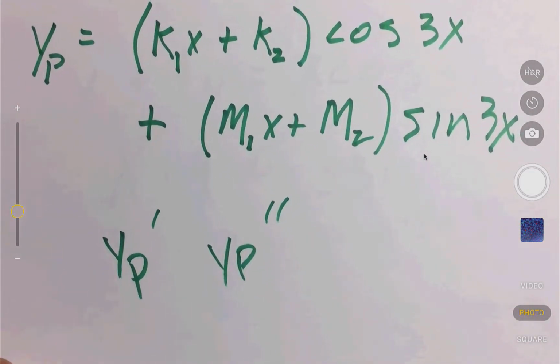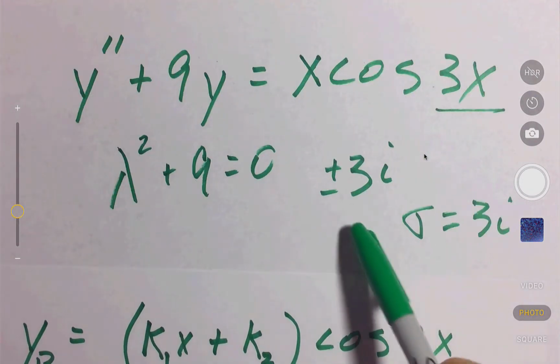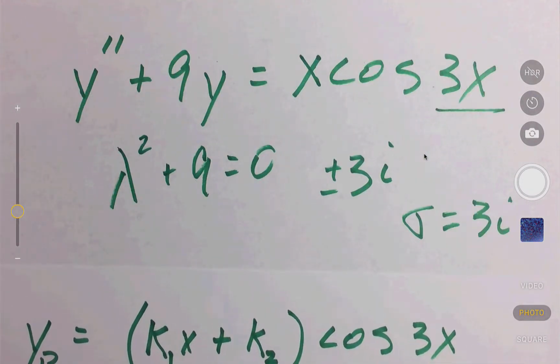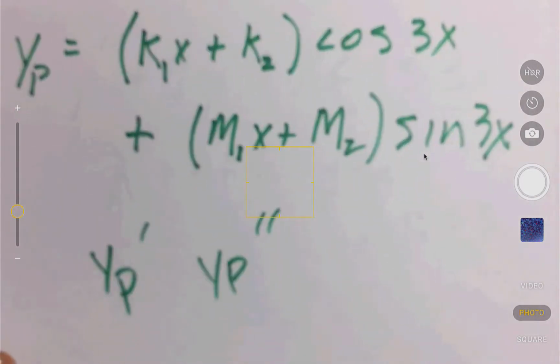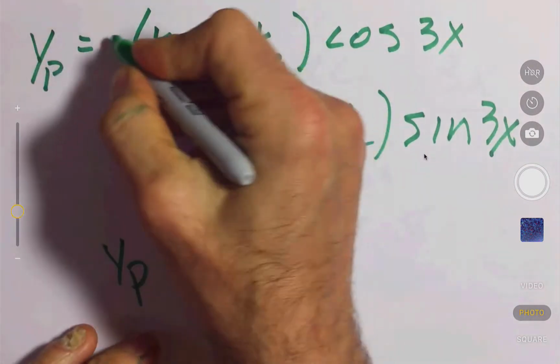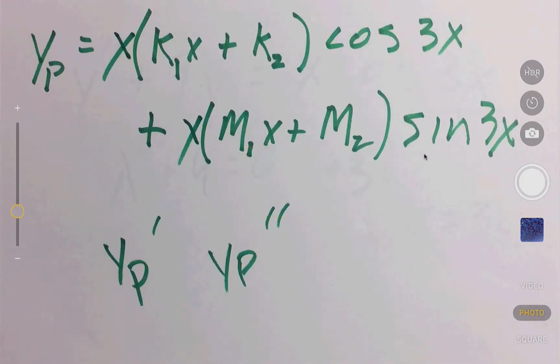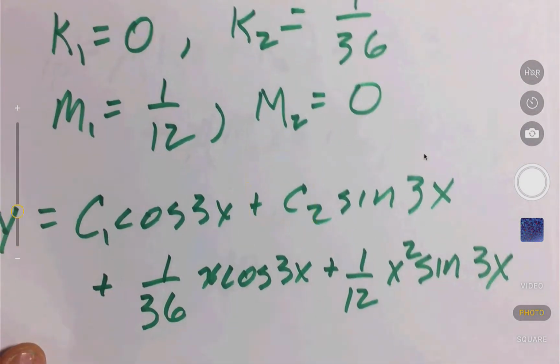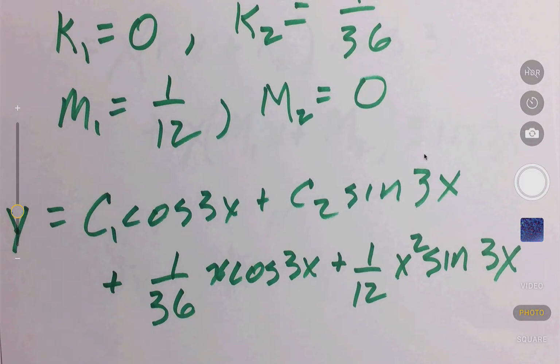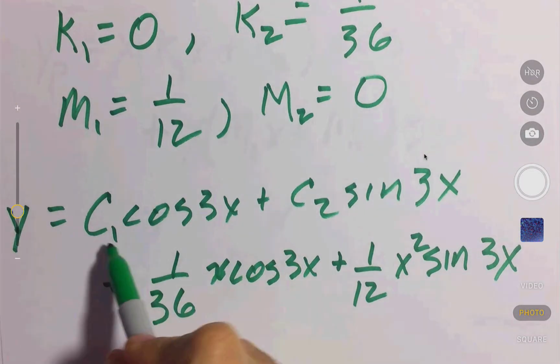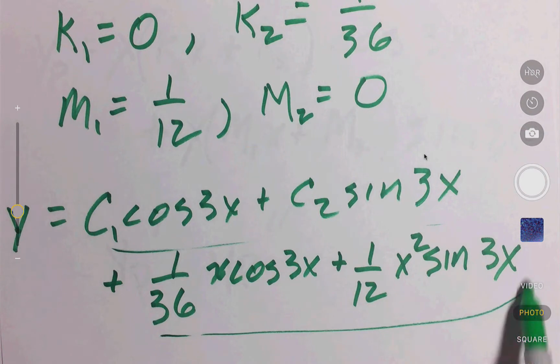So the rule says if sigma is a root of the characteristic equation, you need to multiply your basic form by an x. So I need to do this. Right? Again, I'm going to substitute in the differential equation and figure out what the constants are. And in this case, you wind up with this. Okay, so again, homogeneous solution and then the particular solution.